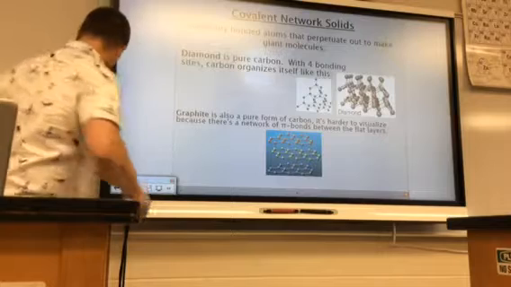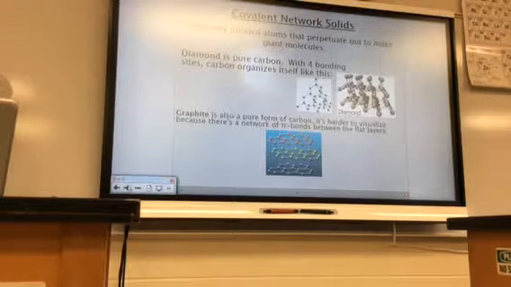Diamond is a pure form of carbon, because carbon can make 4 different bonds. If a carbon is bonded to 4 other carbons, and each of those is bonded to 4 other carbons. Now keep in mind these are not 90-degree angles really, they're tetrahedral in shape.